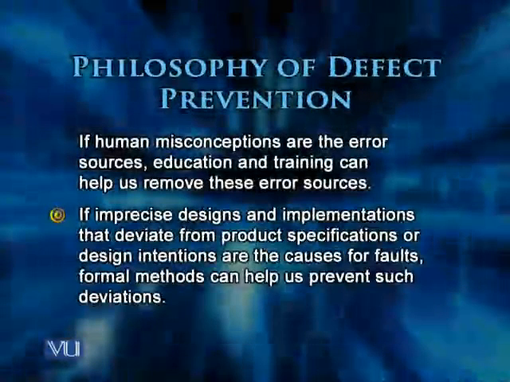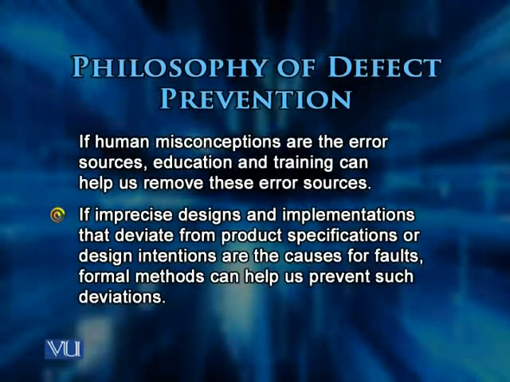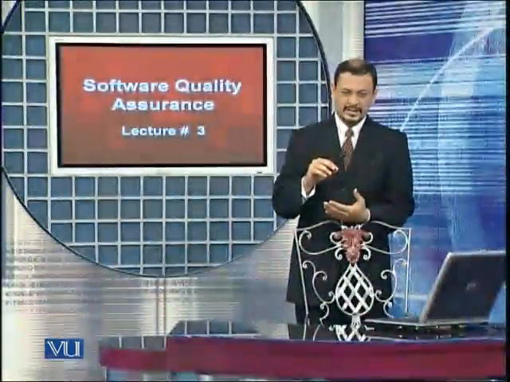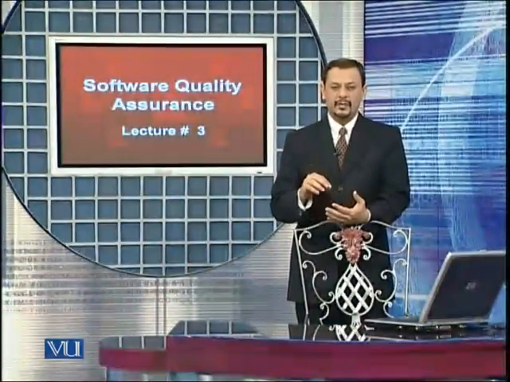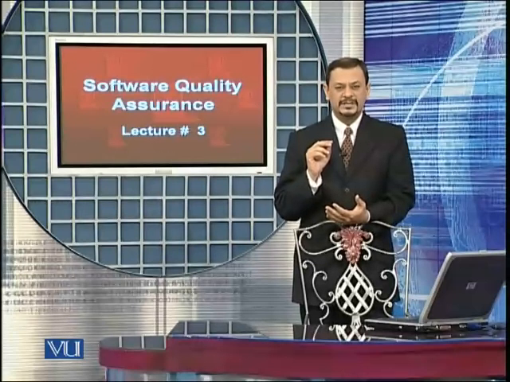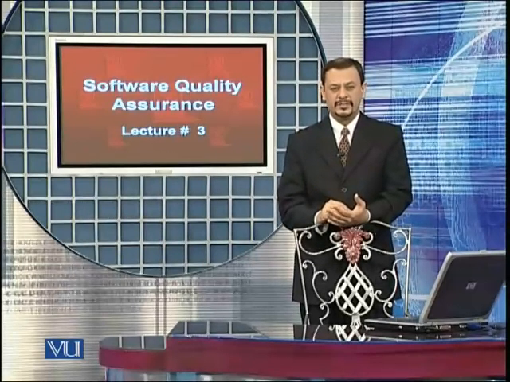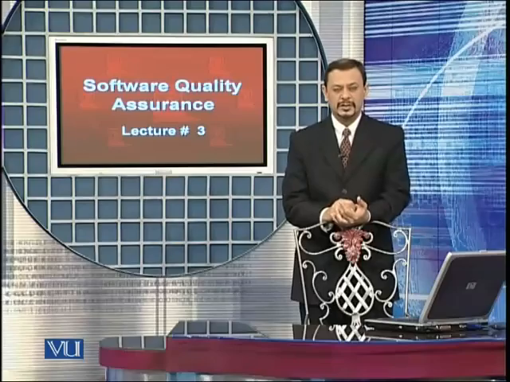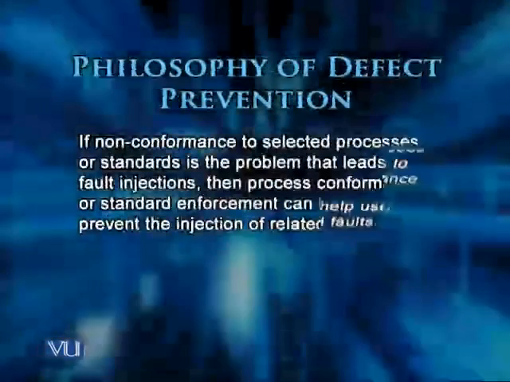If imprecise designs and implementations that deviate from product specifications or design intentions are the causes of faults or failures, then formal methods can help us prevent such deviations.